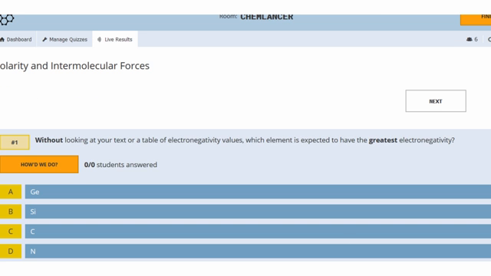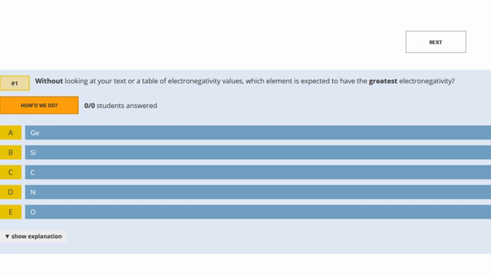Here we go. And this one now, just avoid the temptation of looking at that table in your text if you have it open. Based on what we learned, you can look at this periodic table. This is what it would be like on an exam. So if we do not have a table of electronegativities, and you look at the periodic table, which element would you expect to have the greatest electronegativity?